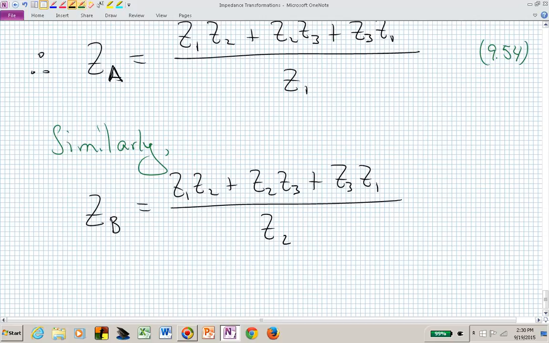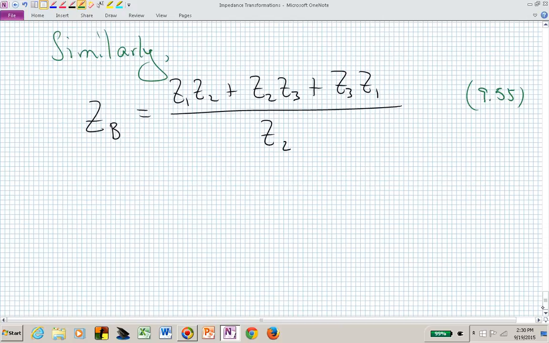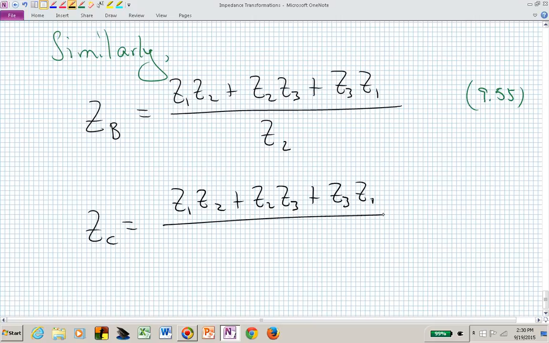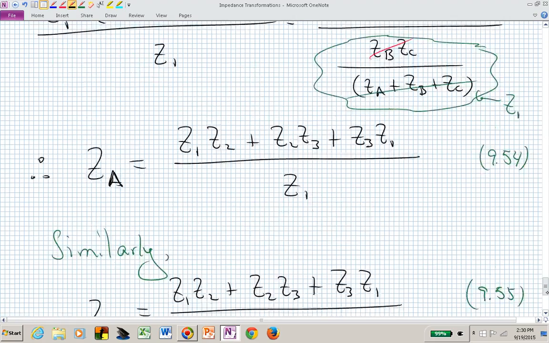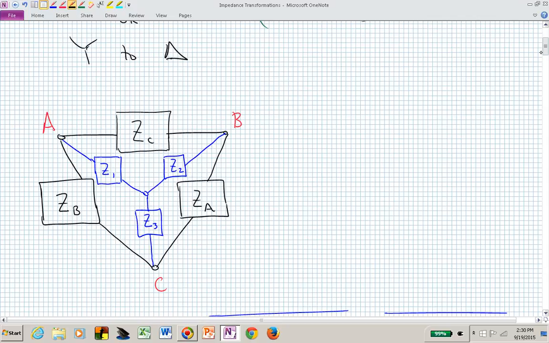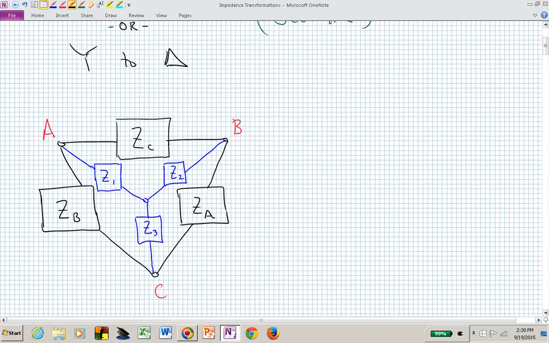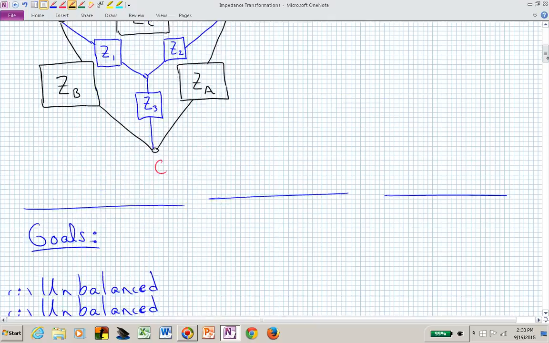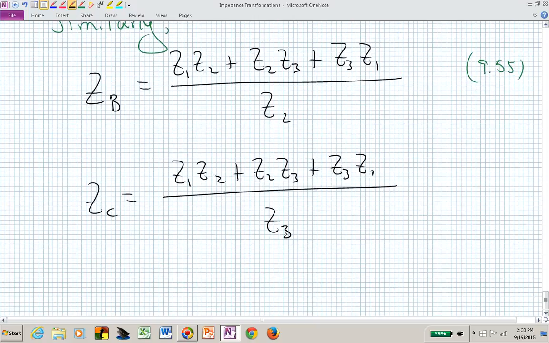And that's now equation 55. And finally then Z sub C, the numerator is again this sum of pairwise products. We'll divide that by the impedance that's touching the C terminal, which is Z sub 3. And that's now equation 56.